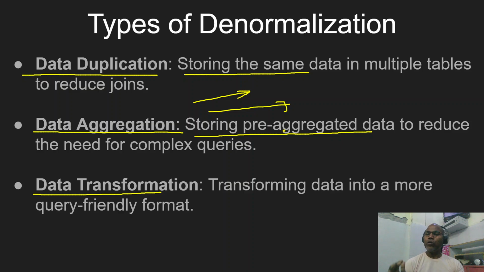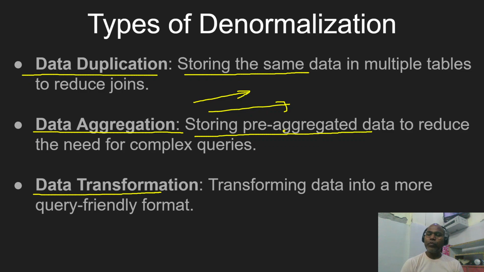So we store duplicate data and, at the same time, pre-calculated data, so that whenever a customer sends a get query, we quickly return the response. We do not do data aggregation at the time the read request comes.